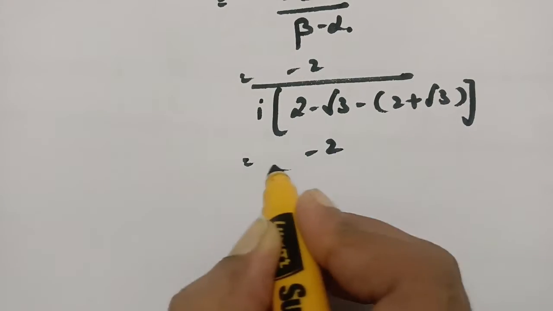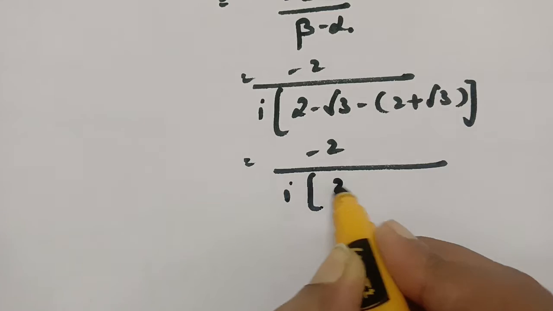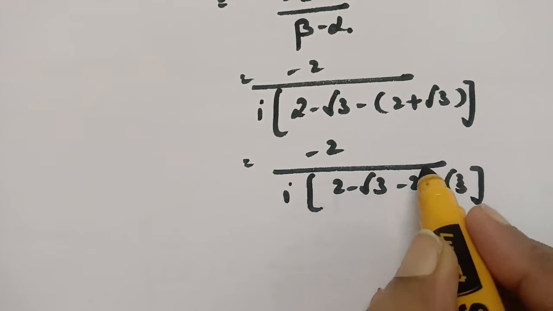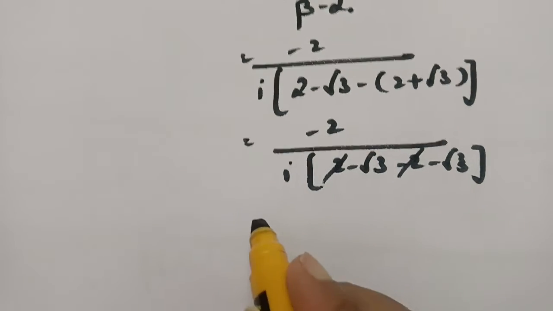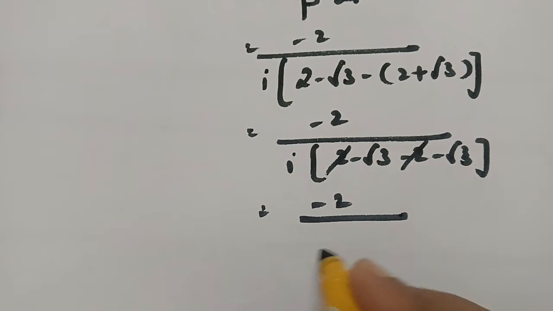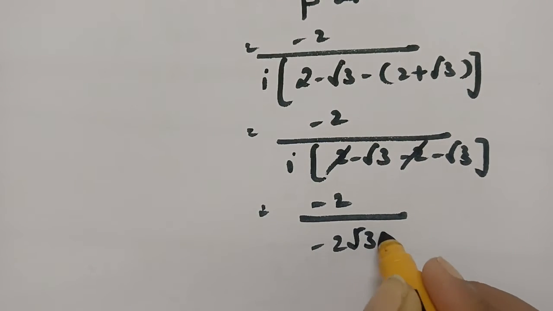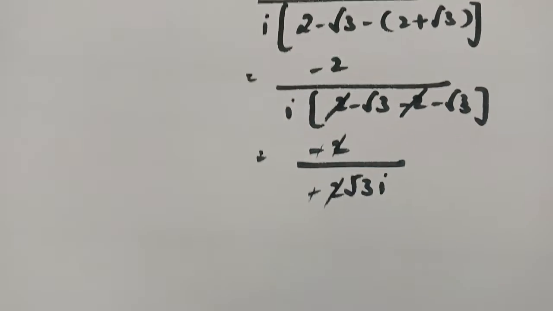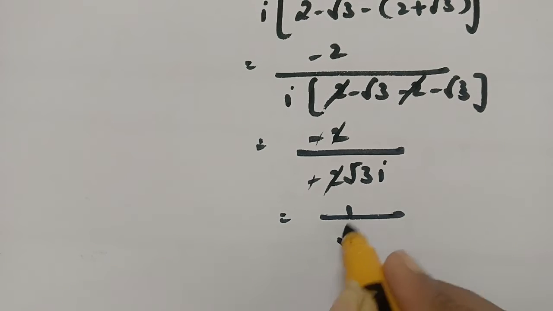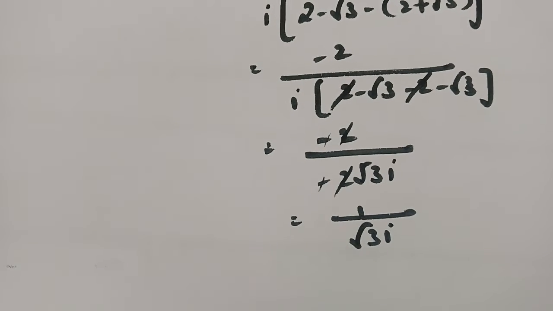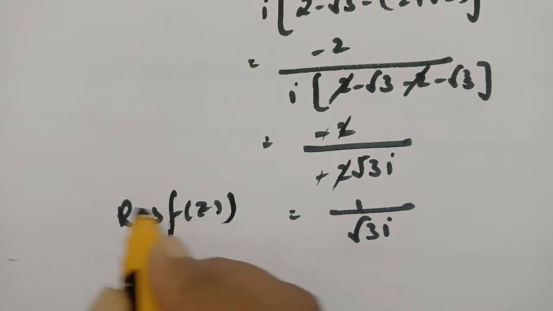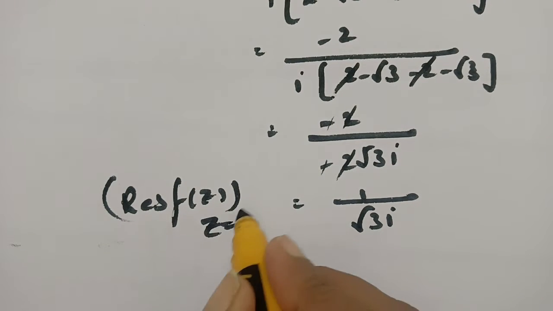So this value will be minus 2 by i times of 2 minus root 3 minus 2 minus root 3. So if I cancel these two and see, this will be minus 2 by minus 2 root 3 into i. So if I cancel minus 2, this will be 1 by root 3 into i. So this is nothing but residue of f of z at the interior pole z is equal to beta.